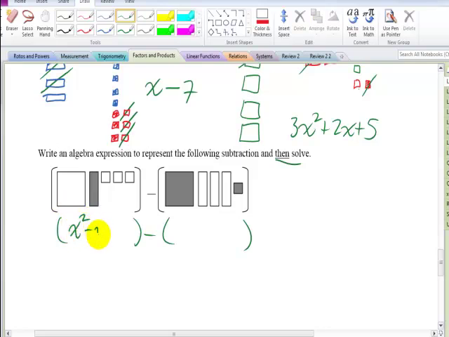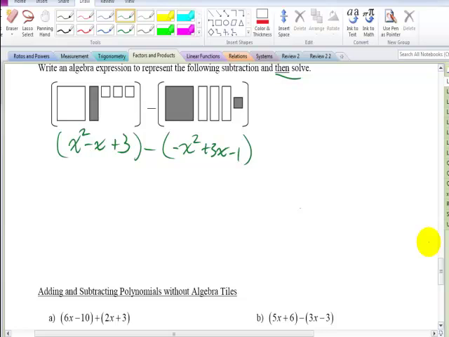X squared minus x plus 3. What's the second one? Marisa? Good. So, what we need to do is subtract each piece.